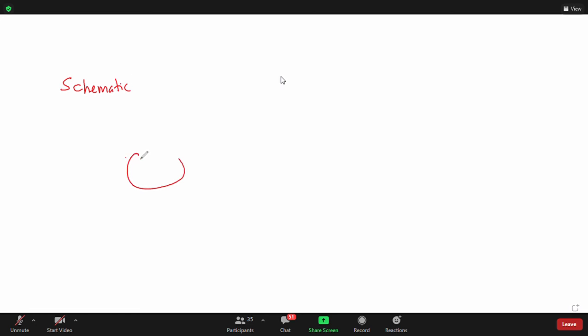So if you have a heat engine, remember, heat engine is from high to low. I have a terrible handwriting. Heat engine is from high to low.